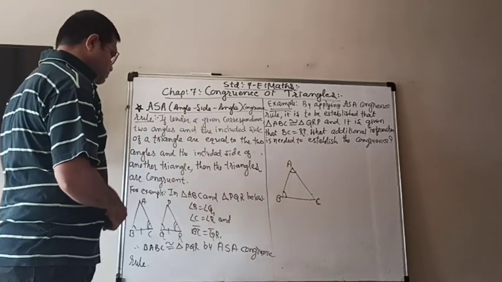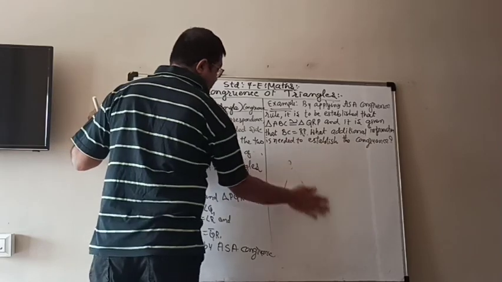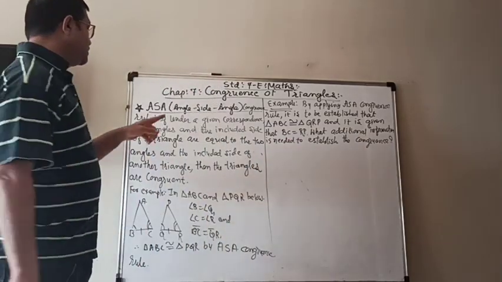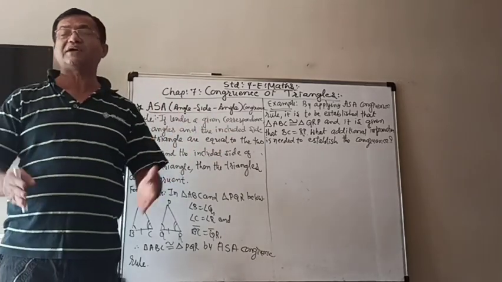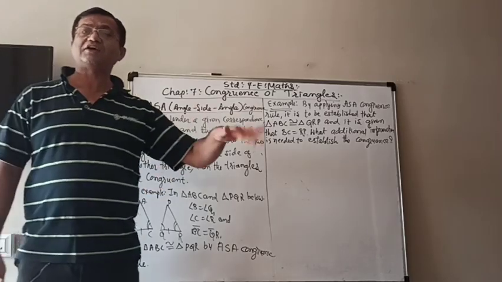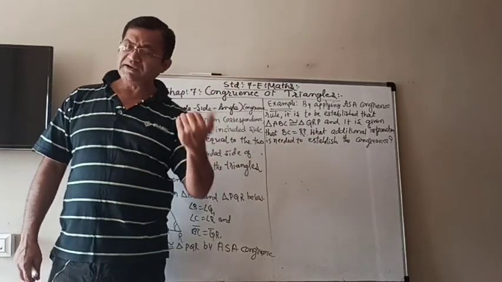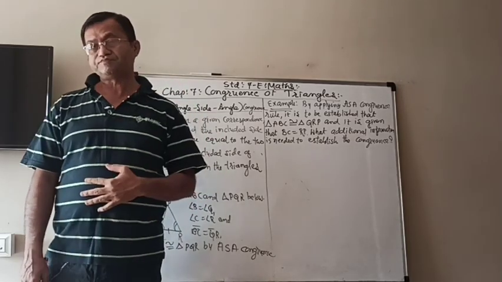So here, given that in the triangles under a given correspondence, two angles and the included side of a triangle are equal to the two angles and the included side of another triangle, then the triangles are congruent.